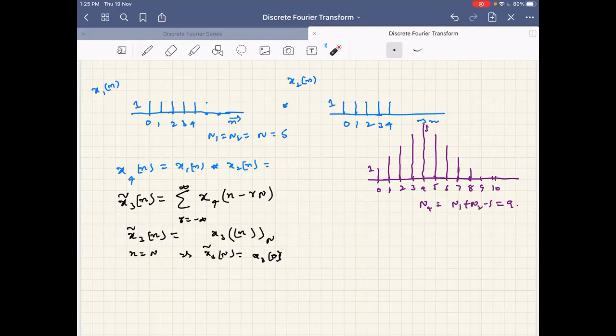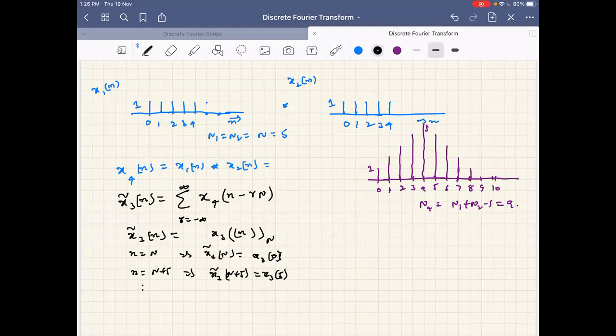Please note that similarly you can write n equal to n plus 5, for example. So x3 tilde of n plus 5 is equal to x3 of 5, like that, and so on.